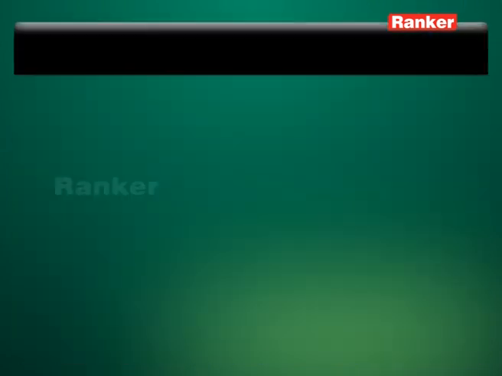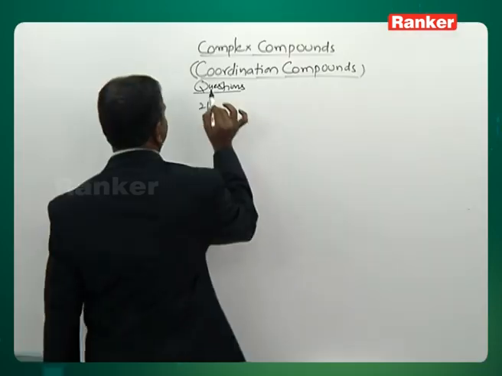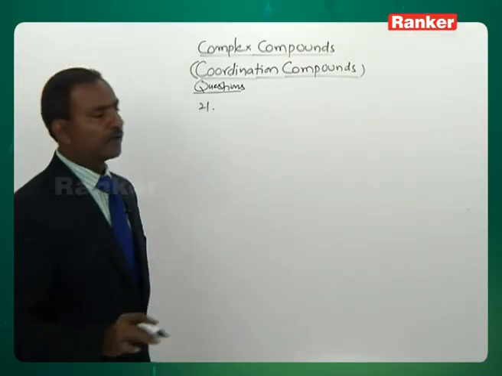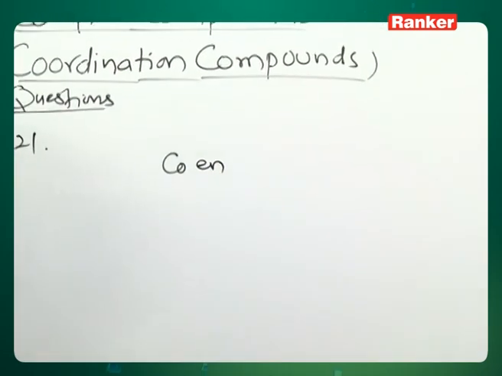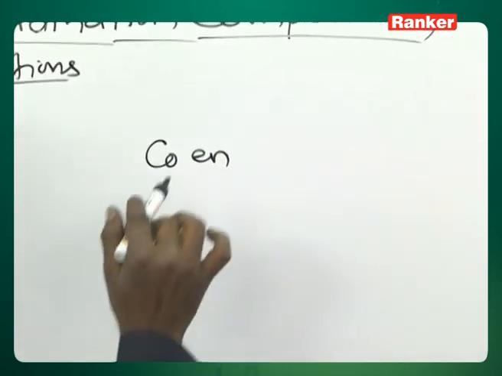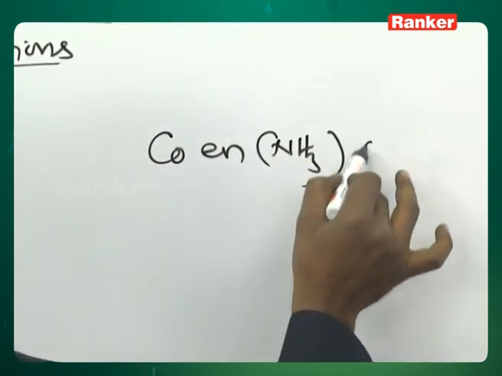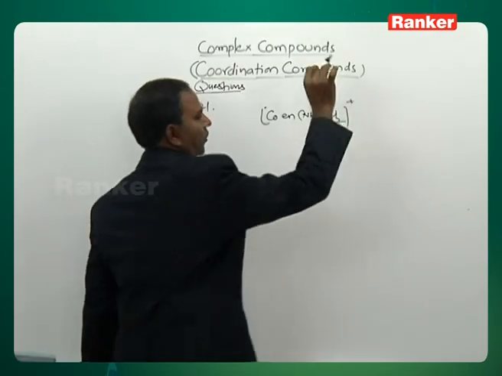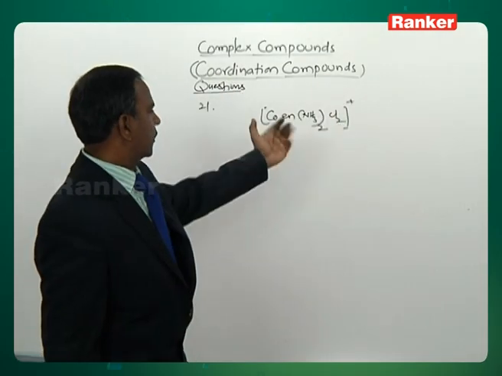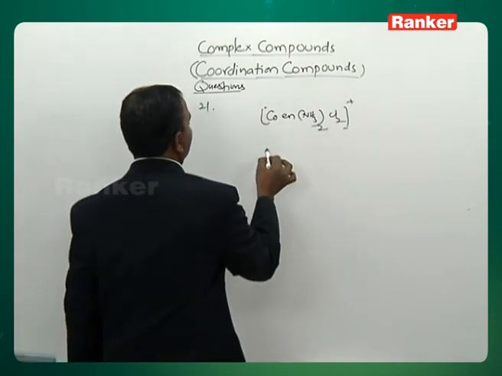Question number 21. Name the complex [Co(en)(NH3)2Cl2]+. Let us see what is the complex given: Co, en, NH3 twice, Cl2. Let us write the name of the complex by looking at it.